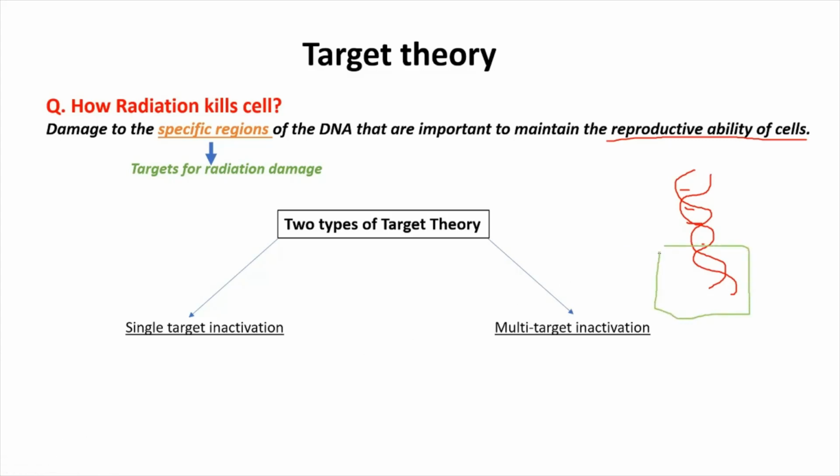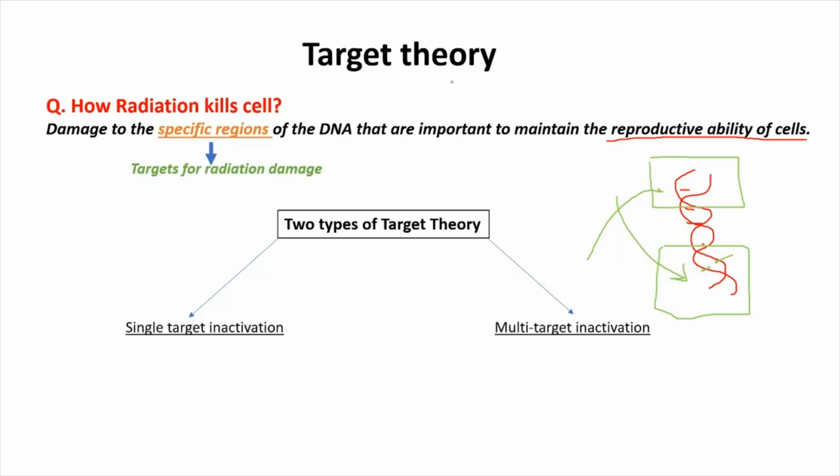If the secondary charged particles or the free radicals attack this region and cause a double strand breakage over here, then it will lead to the inactivation of the cell. But if these charged particles attack somewhere else, it may not lead to inactivation, because that's not the target for inactivation.